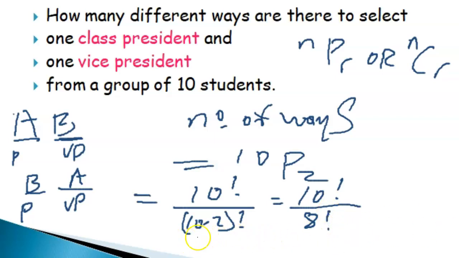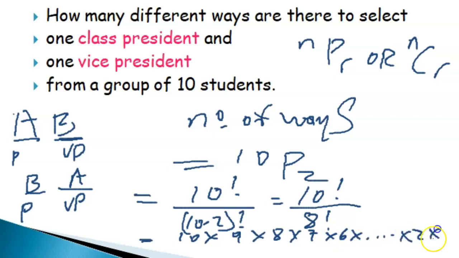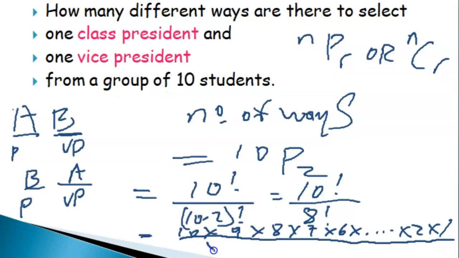And 10 factorial is 10 times 9 times 8 times 7 times 6, and you multiply till you reach times 2 times 1, all over 8 factorial. And 8 factorial is 8 times 7 times 6, and so on, times 2 times 1.